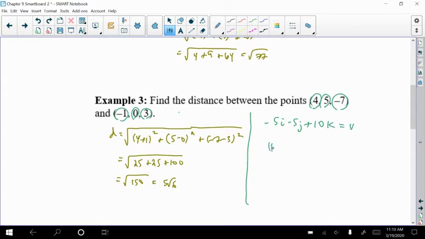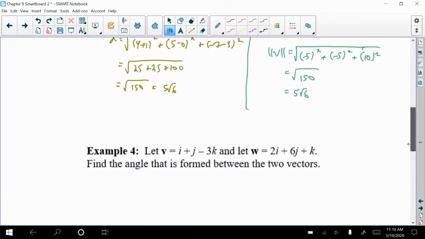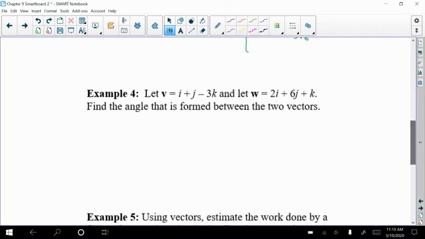If I found the magnitude of vector v, notice I'd be doing the exact same calculation. So you could also think about it from that perspective, finding the magnitude of that vector, which is still equal to the square root of 150 or 5 root 6. So either way, you get the same answer. Okay, next, the angle between two vectors.